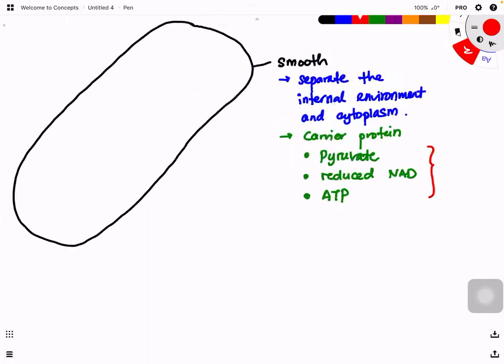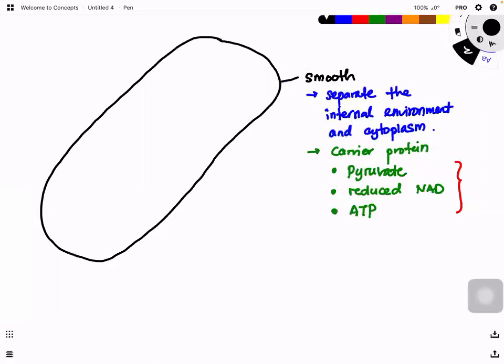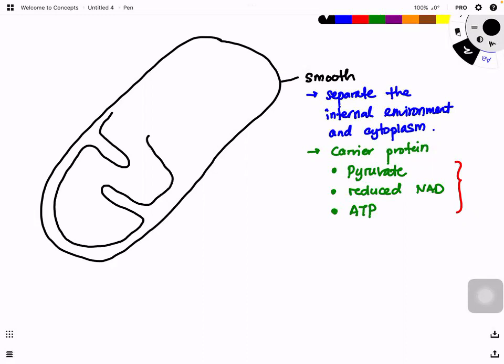Okay. Now the second layer. Then you can see that we have the inner membrane. The inner membrane is highly folded to form cristae.